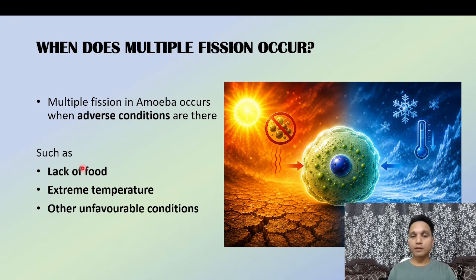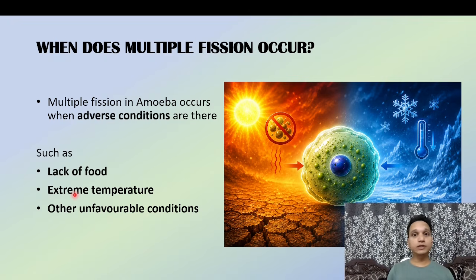So at that point of time, when amoeba feels that it is not going to survive for a longer period because the temperatures are very high or very low, because the food is not available or water is declining, the lake is drying up, in those conditions amoeba follows a different kind of reproduction method, and that reproduction method is multiple fission. Okay, so the condition for multiple fission is the adverse condition in the environment.